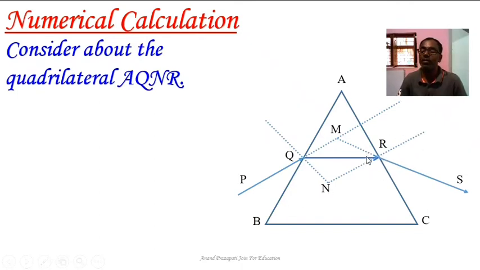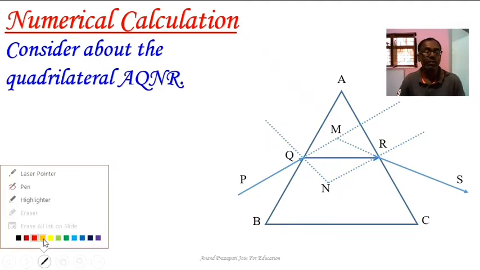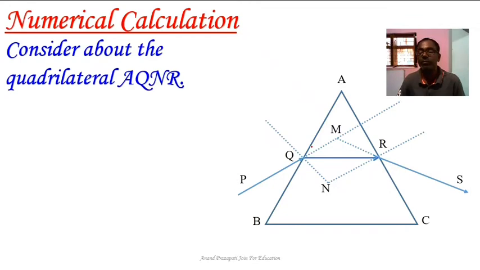Therefore this angle will be 90 degrees and this angle will also be 90 degrees. Therefore the sum of these two angles will be 180 degrees. Therefore the sum of angle A and angle QNR will be 180 degrees. So A plus QNR equals 180 degrees.